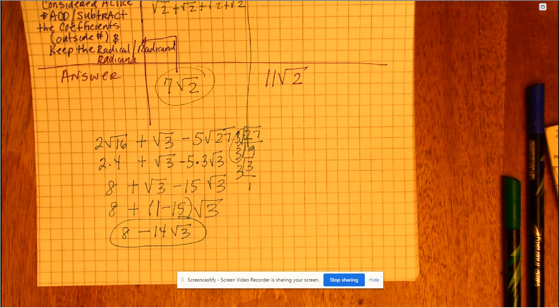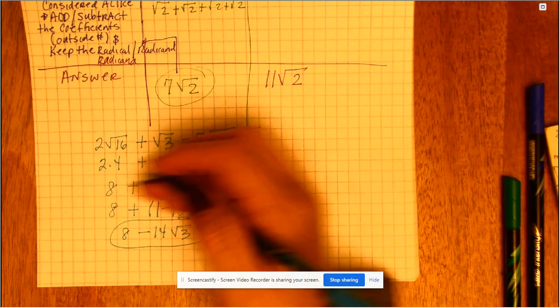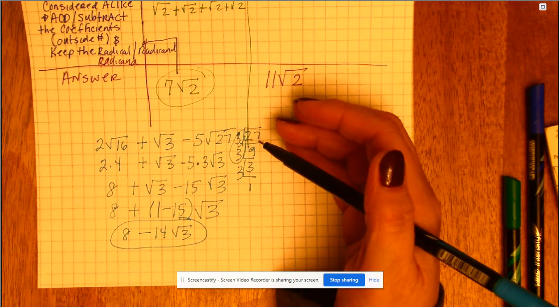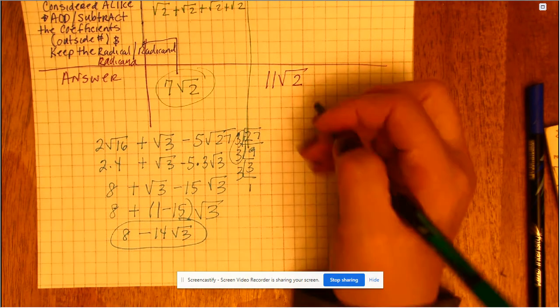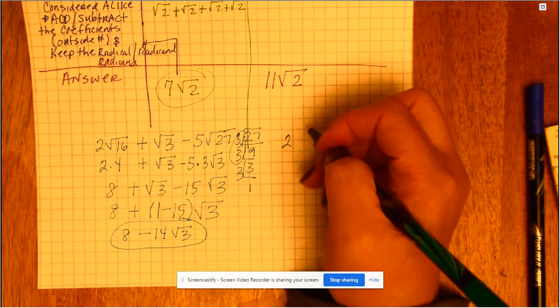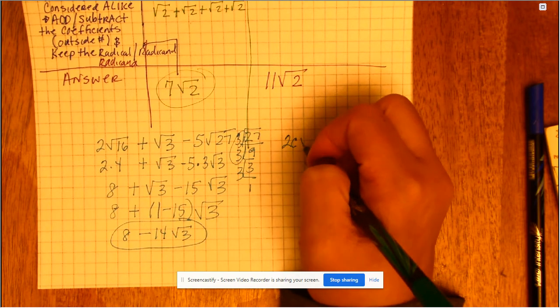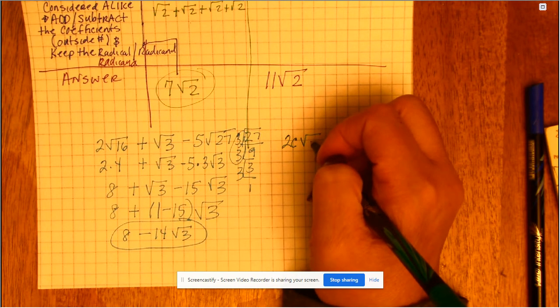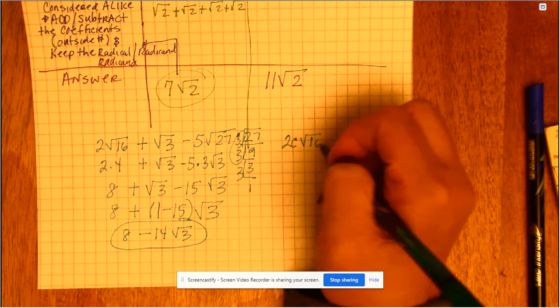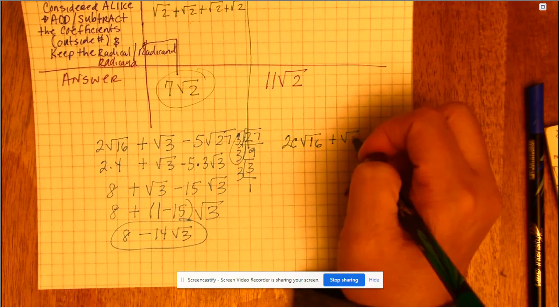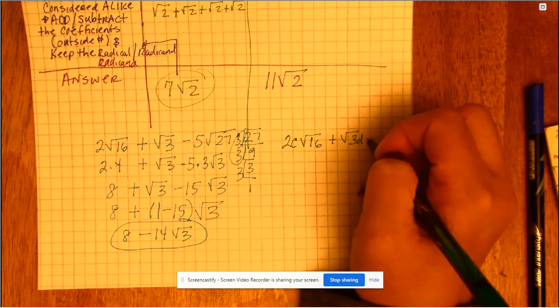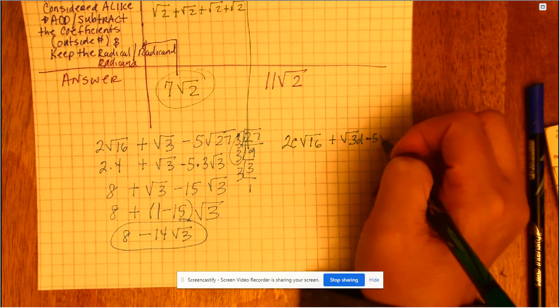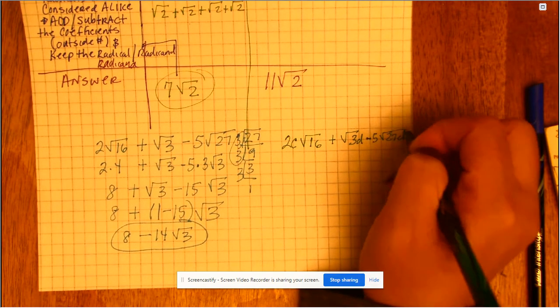Now, if we had variables included, it's still the same, right? So say we had the same exact question, but it was 2c radical 16 plus radical 3d minus 5 radical 27d.